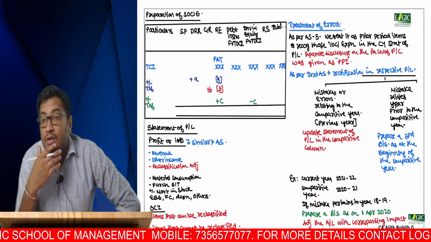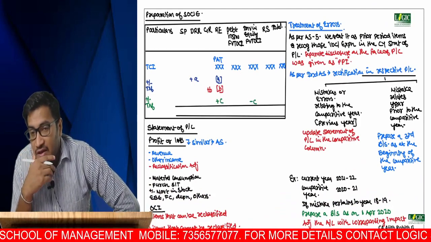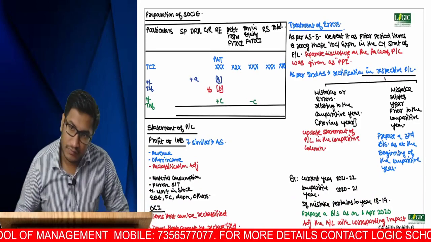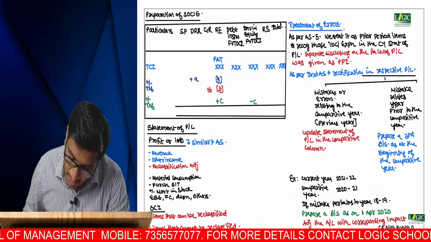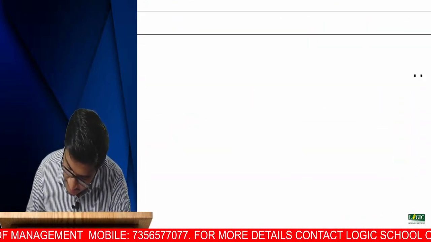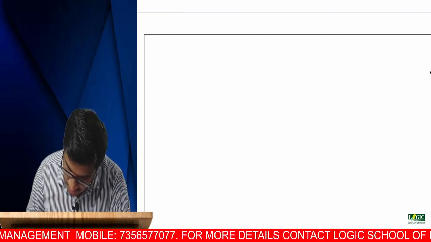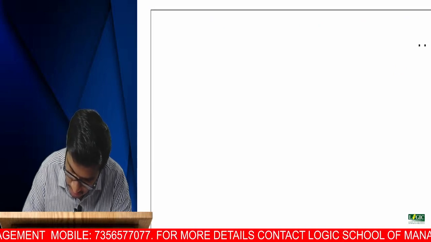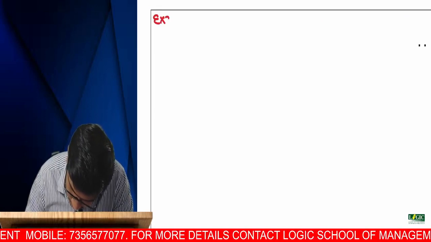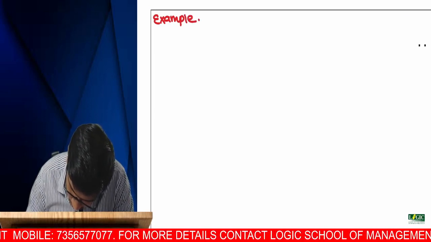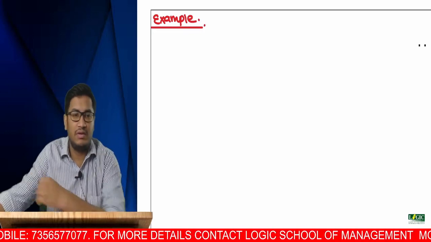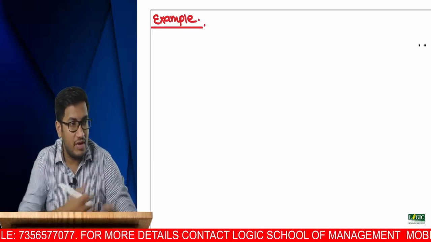So this is how you should do your treatment of errors. So we'll take one example. Write it down. The example is not there in the textbook, therefore everybody write it down.